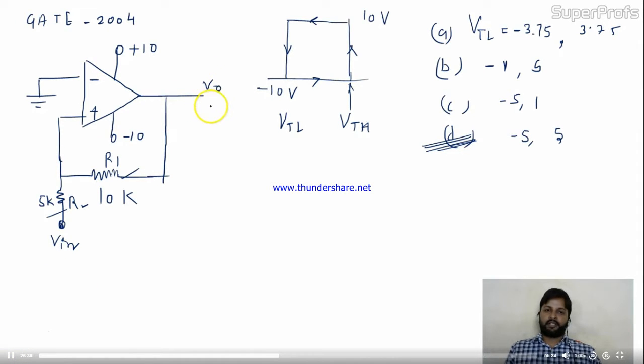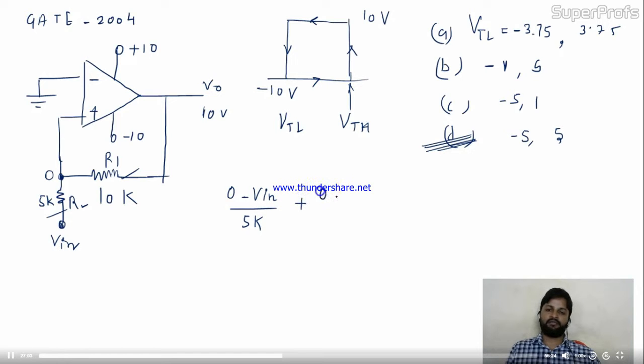You assume that here is V saturation, means 10 volts over here. Okay, friends. Now let's take it 0 itself. Why? Because we have to compare with 0 only. So it is 0 minus Vin divided by 5K.